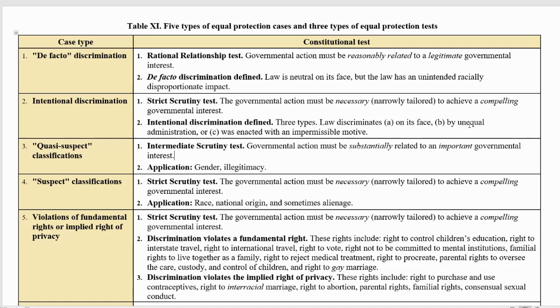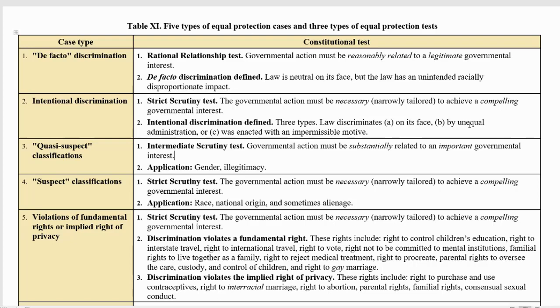And that's really easy. The government cares, but doesn't care a whole lot. So any rational basis put forward is going to get you where you need to go. Or in this case, the way we have it articulated is governmental action must be reasonably related. As long as it's not a crazy person giving testimony about how this is related, it will probably fly.